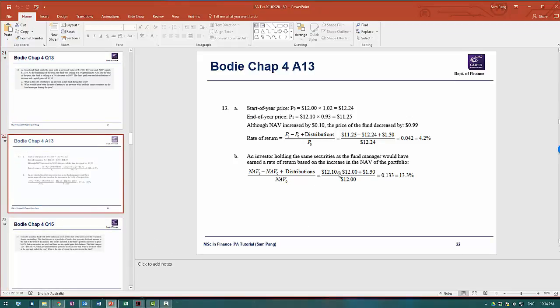So if you look at the answer, purely the performance would be the rise in NAV. Now it looks like it hasn't gone up a lot, but that's really beside the point. What you have are $1.50 of dividends and also capital gains, capital appreciation.